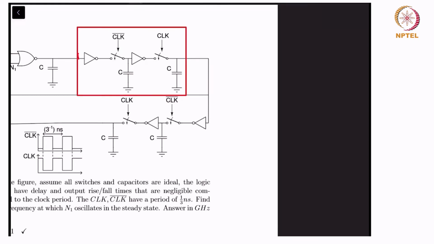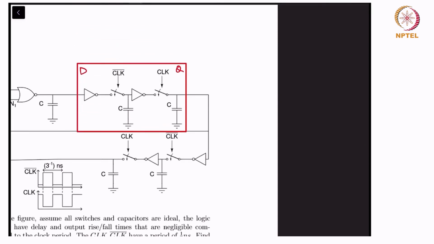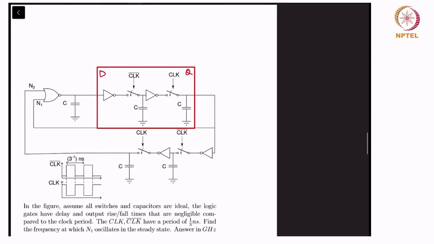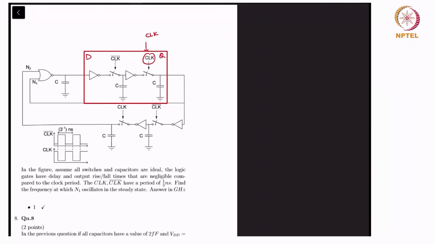Okay, actually this is the D input and this is the Q output, right? So it makes it easier to analyze if you realize that that is a D flip-flop with the clock as the input, clock to the flip-flop. This is essentially a master latch and a slave latch, except that it is inverting, that's all. So yeah, it's a master-slave D flip-flop.